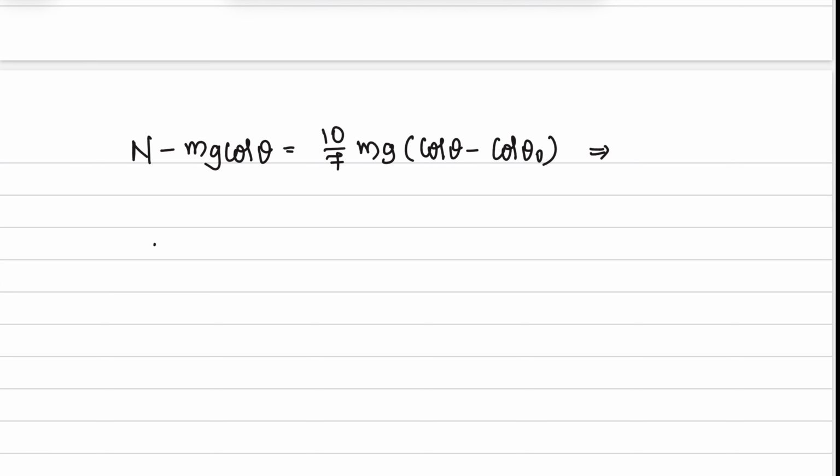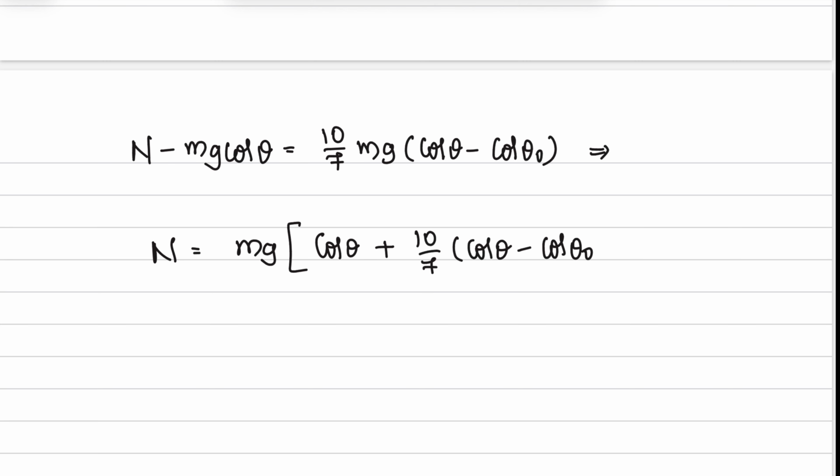That implies normal force N is equal to mg into cos theta plus 10 by 7 into cos theta minus cos theta naught.